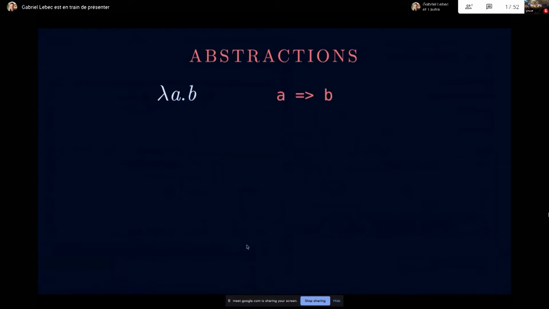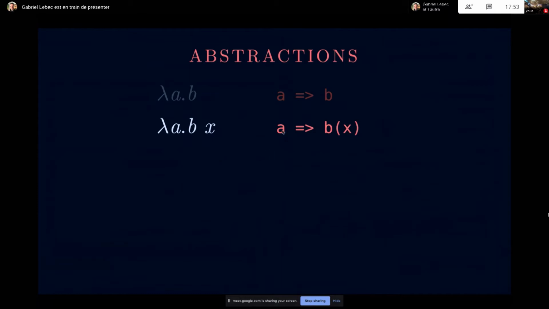And I mentioned defining functions, Lambda abstractions. So these are inputs to outputs. In JavaScript, we might use a fat arrow function to denote that. But in Lambda Calculus, we say a lambda starts a function definition, and the dot separates the input from the output. If I put more stuff to the right, the body of the lambda abstraction, by convention, is everything to the right of the period, everything to the right of the dot.